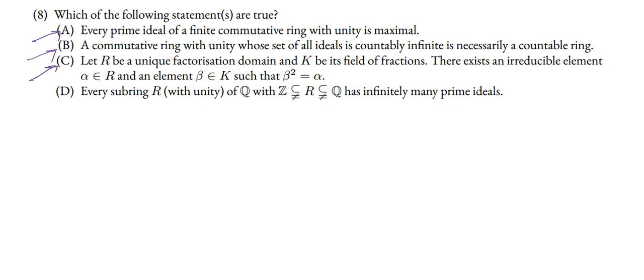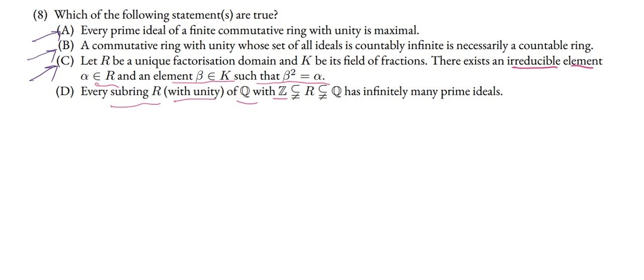And option C: let R be a unique factorization domain and K be its field of fractions, then there exists an irreducible element alpha belongs to R and an element beta belongs to K such that beta square equals alpha. And option D: every subring R with unity of Q with Z subset not equals to R and subset not equals to Q.